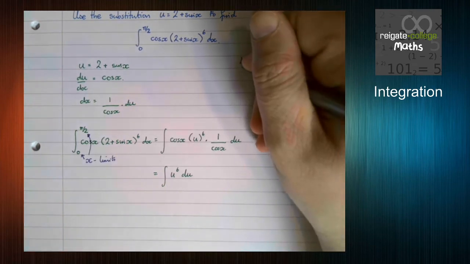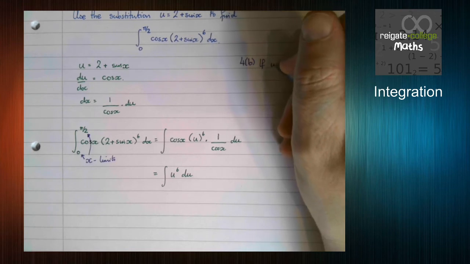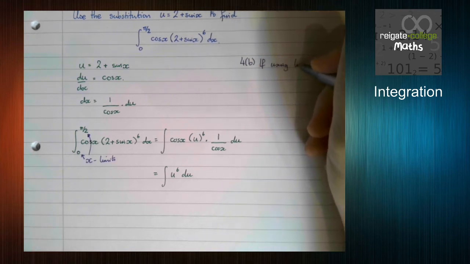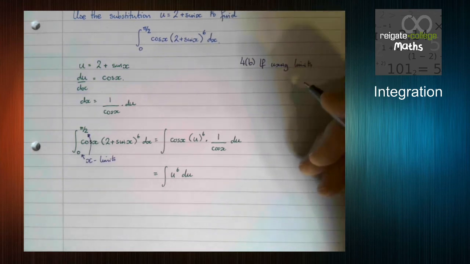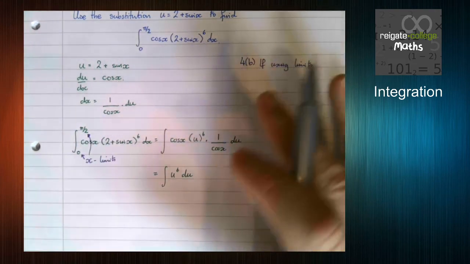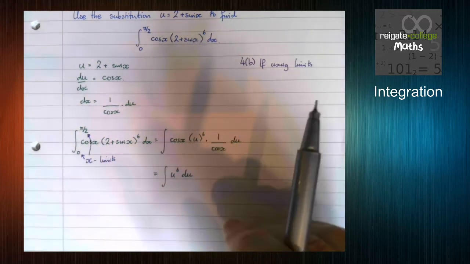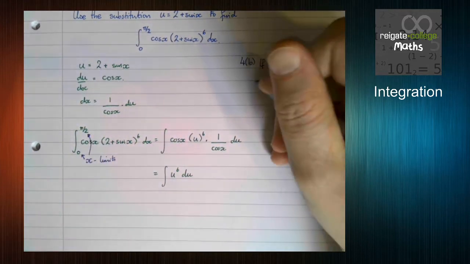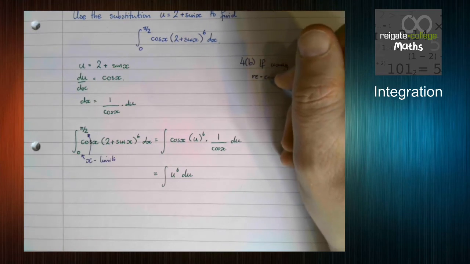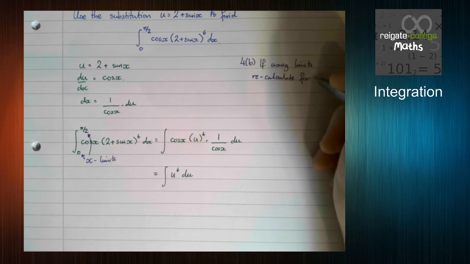So this will be a step 4b if using limits. We have the limits for x or whatever variable you are using, whether it's x, theta, t, z, whatever. We need to recalculate for u.